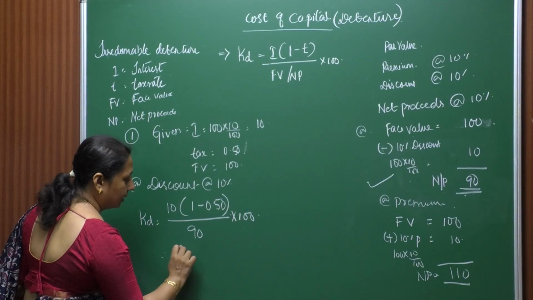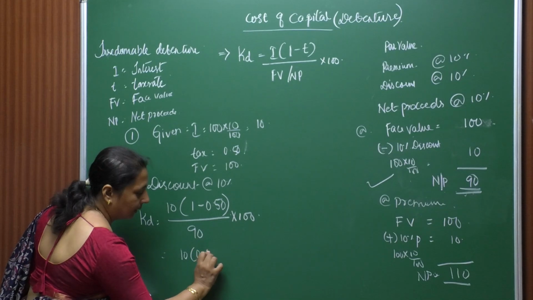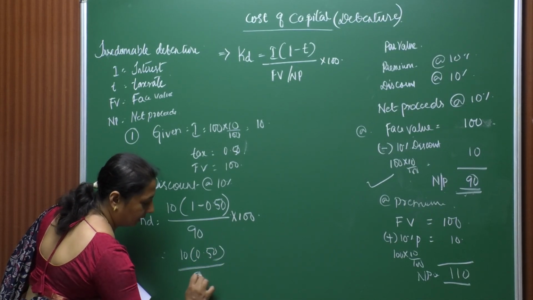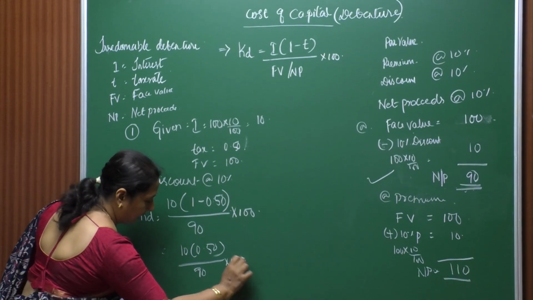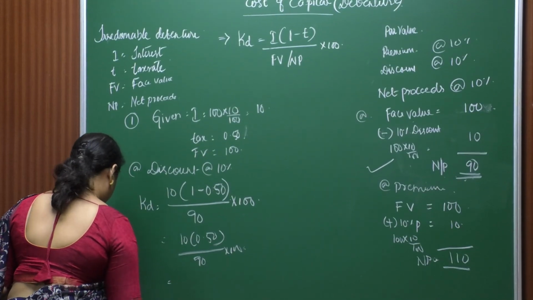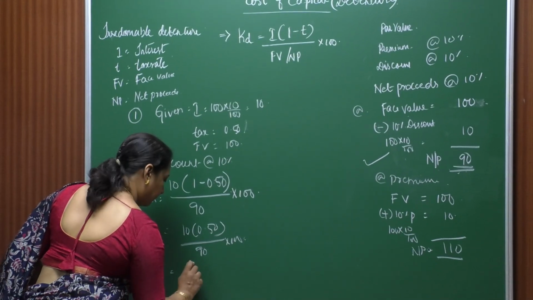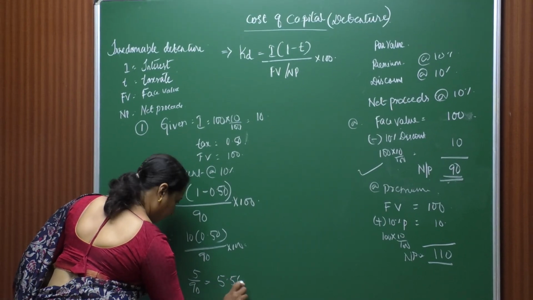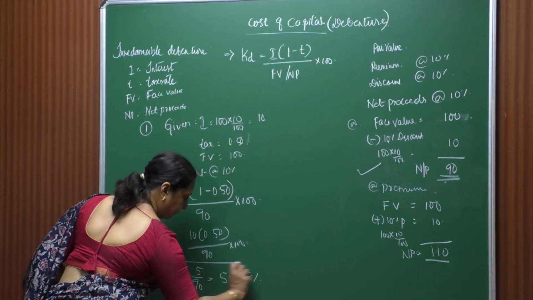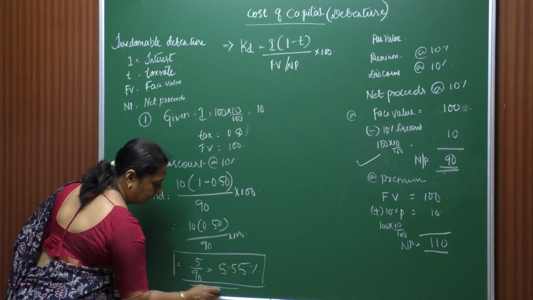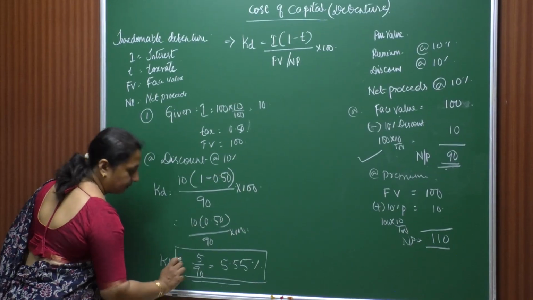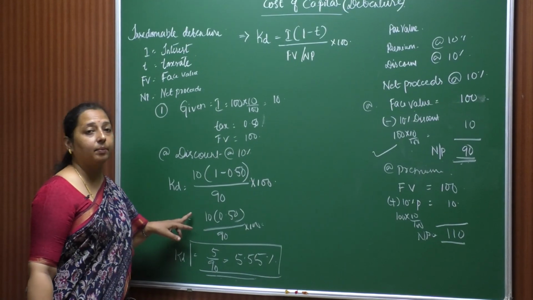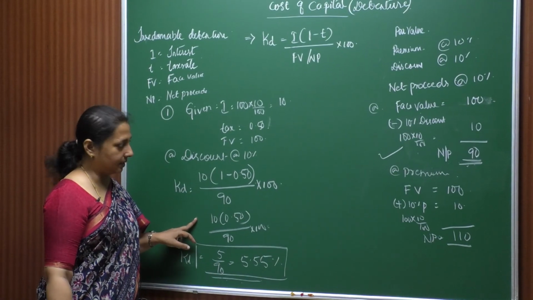So that gives 10 into 0.50 divided by 90 into 100, that is 5 divided by 90, that gives you 5.55%. So this is the cost of debt under irredeemable debenture at 10% discount.